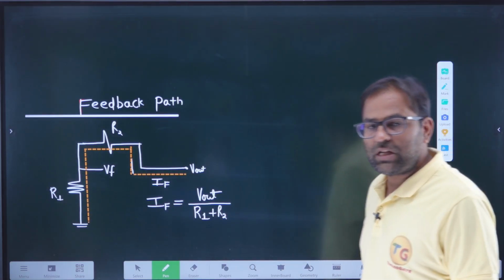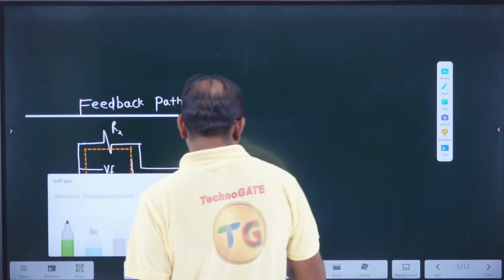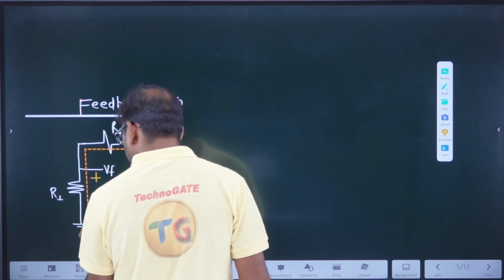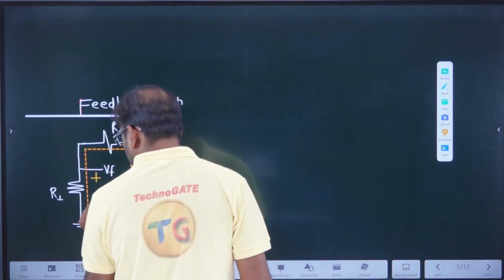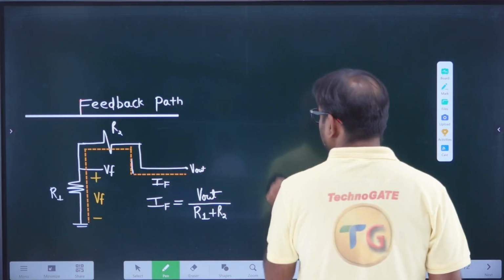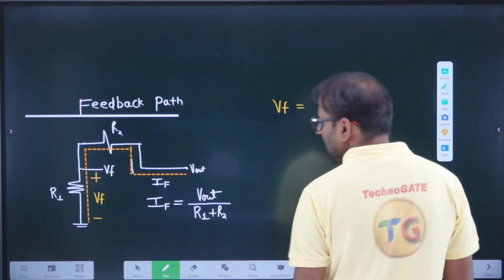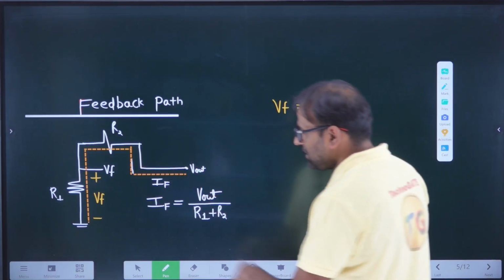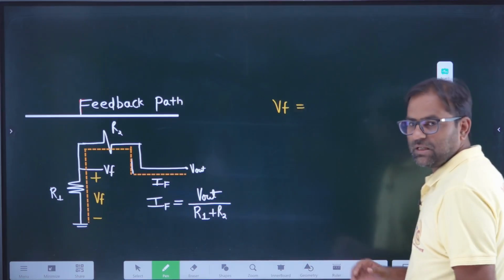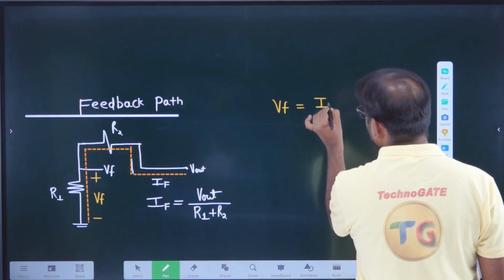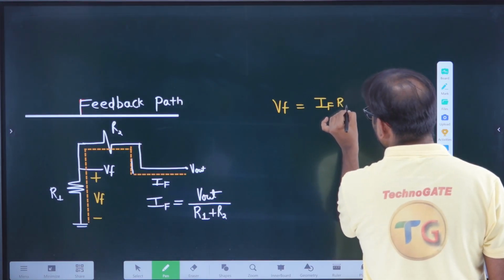And the net voltage drop across R1 represents VF. So can I say the value of VF is given by I into R1, because the same current will flow from here. This current is known as IF into R1.